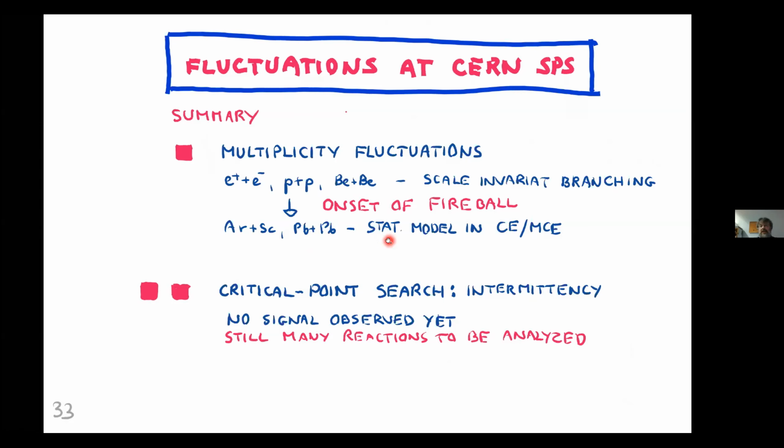And it's easy to understand in statistical models, where you need to impose conservation laws, at least canonical ensemble, probably microcanonical. We have a paper where we compare quantitatively with both, with lead data, and the microcanonical fits better. Because of the limited acceptance, you have quite large uncertainties in comparing model with the data. So the conclusion is probably open, but the qualitative conclusion, I think, is pretty solid.